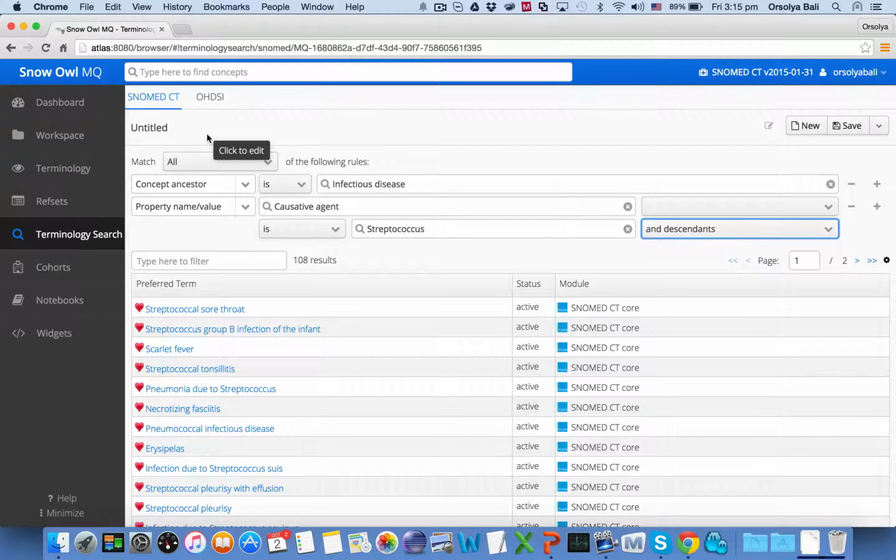Once we created this query and we identified the set of concepts that we're looking for when searching electronic health records, the next step is to look at the patient database and select all those patients that have any of these diseases, any of these clinical findings recorded on their electronic health record. And for that, the next step is to build a patient cohort.